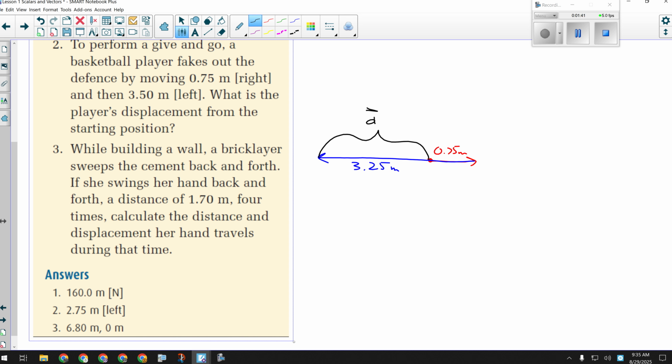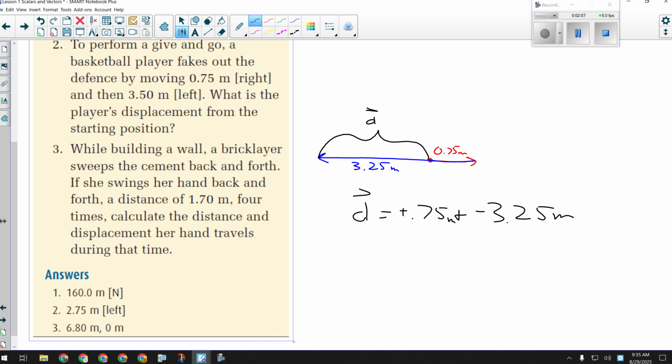Could I say, I'm going to make right positive and left negative, and just add those two together? Positive 0.75 plus negative 3.25. Would that get me the correct answer? What do you think?